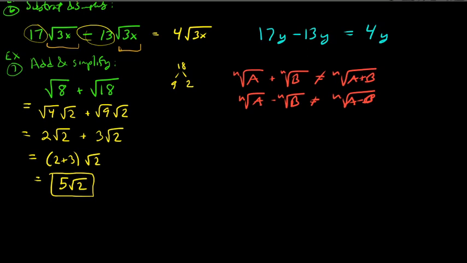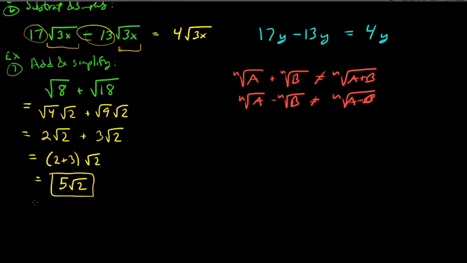Okay, so I want to show you something just to show you that this in red over here is correct, that these are not equal. So hang on. I just needed to remove a little clutter here. But I'm going to rewrite this. So again, this is the final answer. 5 square root of 2 is the correct answer here.